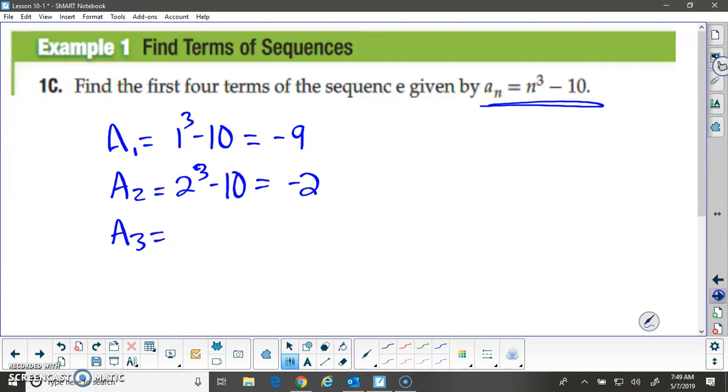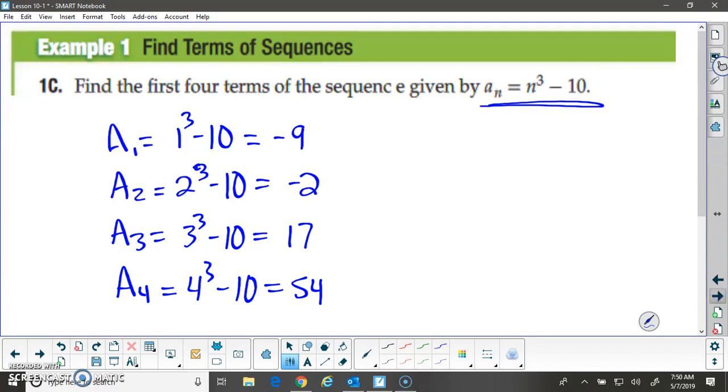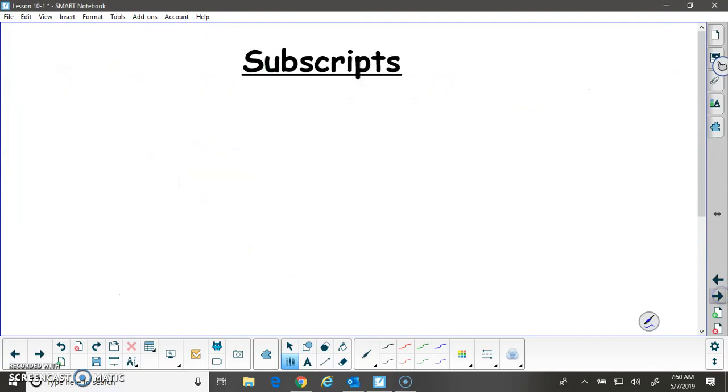Find the third term, we'll put 3 in for n. That will give us 17. And then to find the fourth term, put 4 in for n. And that gives us 54. So basically we're just building a sequence here based upon the formula.